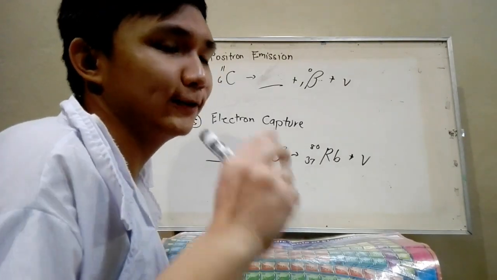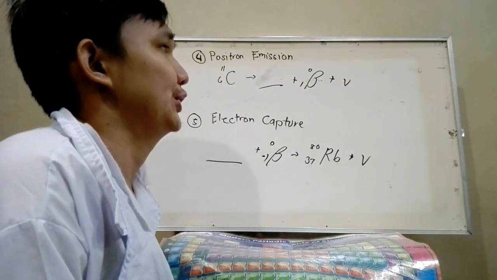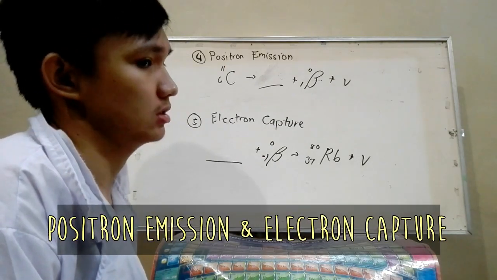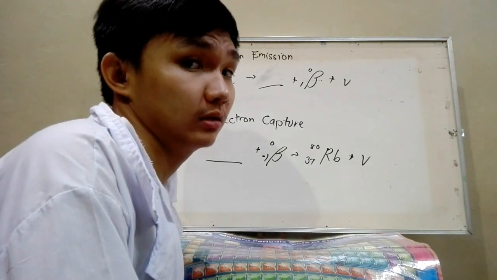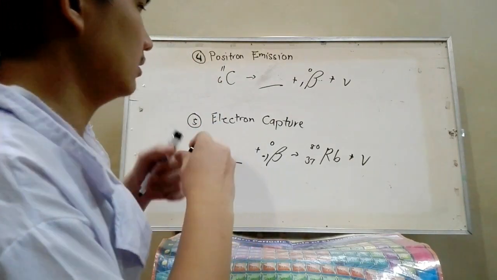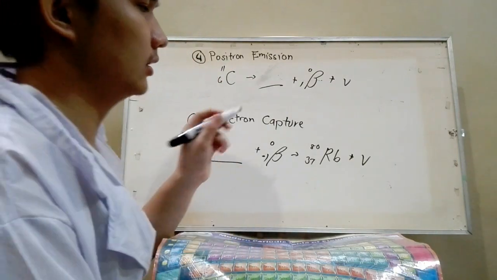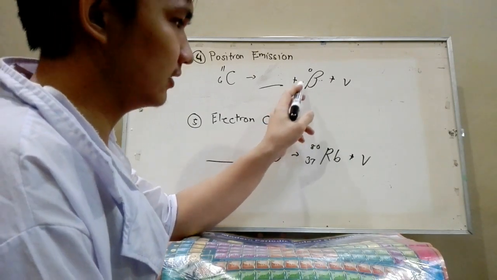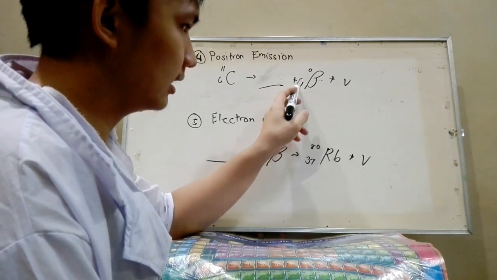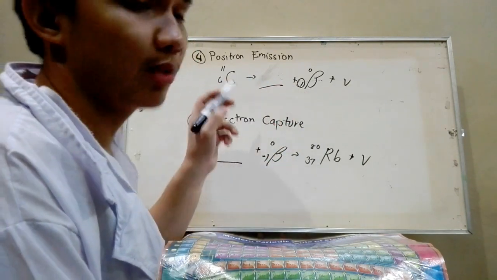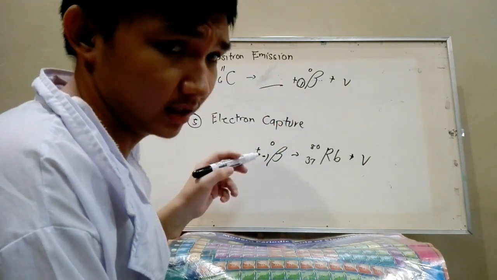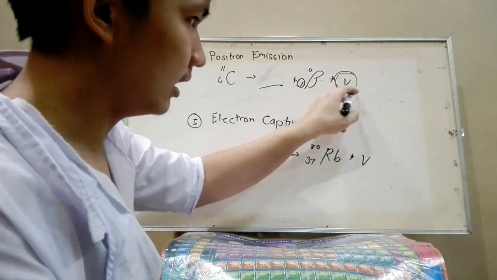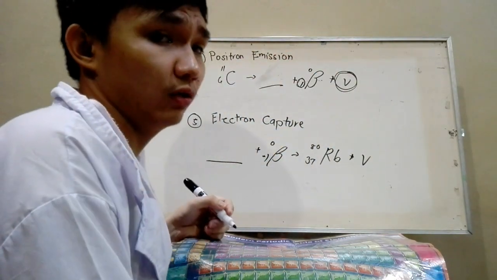So the final 2 reactions are positron emission and electron capture. So we will be solving this equation. So positron emission is just the positive sign, or the positive one is present here. It is not negative, obviously, and this is not an antineutrino anymore.